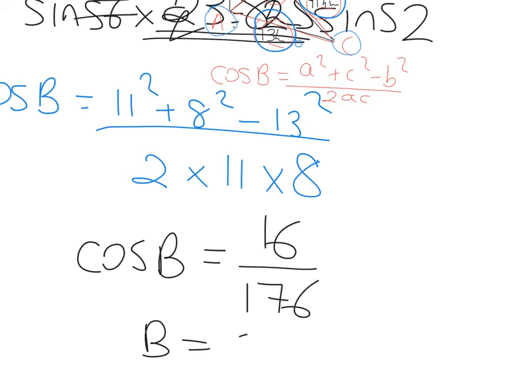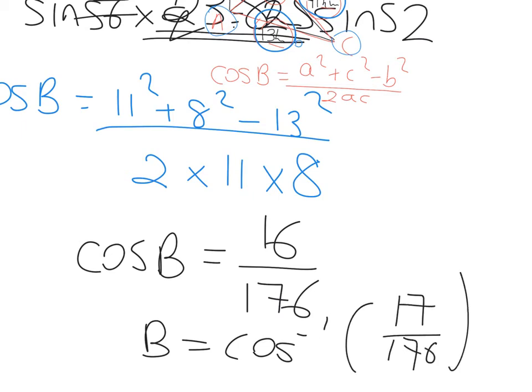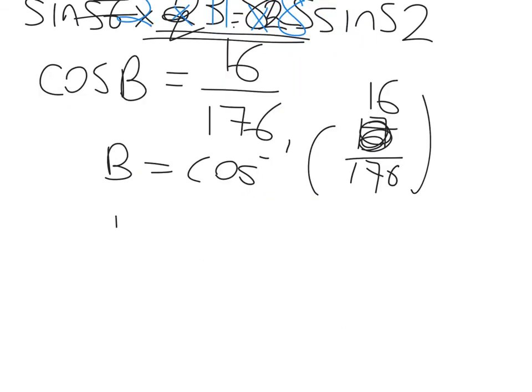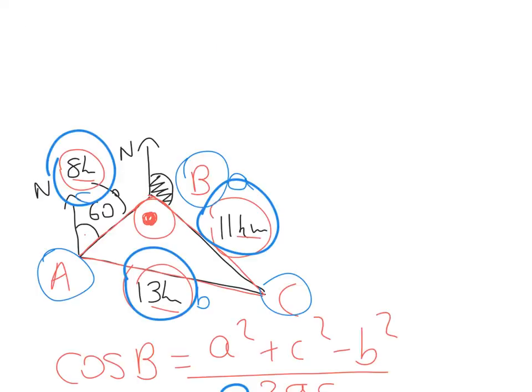It's then B equals cos inverse of 16 over 176. Put that into the calculator to find the size of the angle. That will give me, to one decimal place, 84.8 degrees.